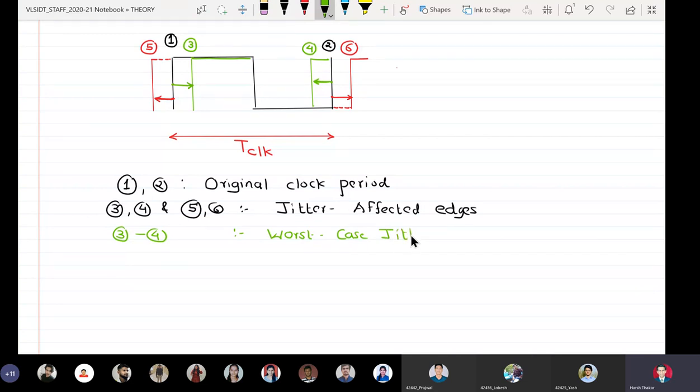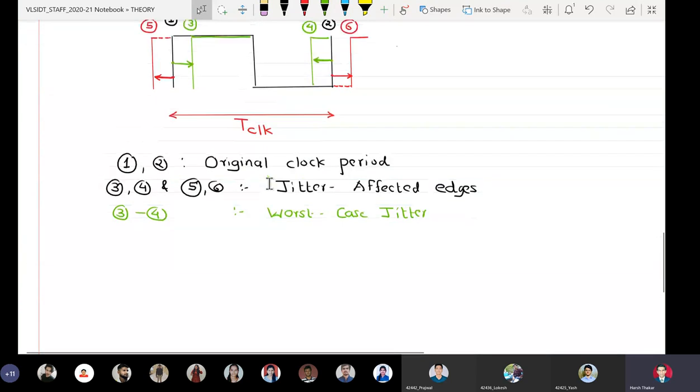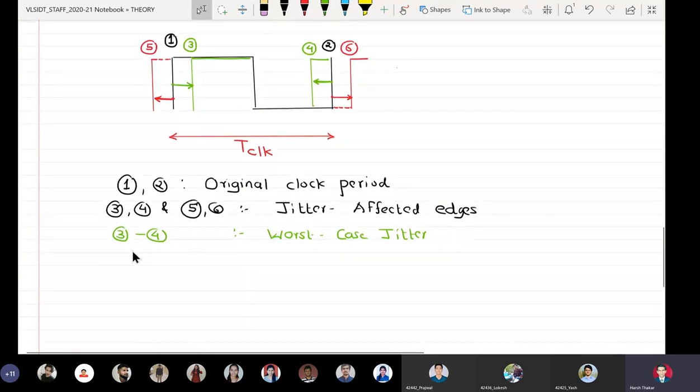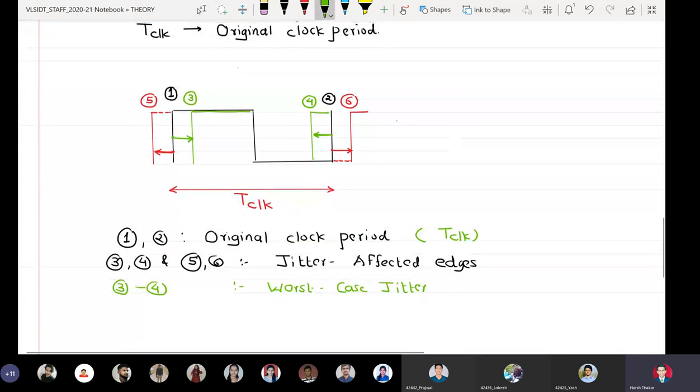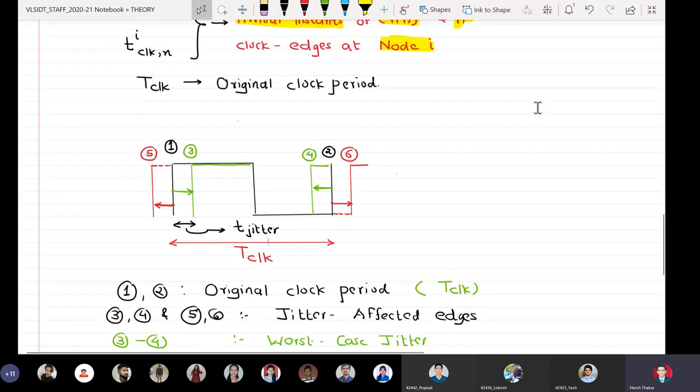Worst case jitter. Okay. Now we will quantify this. We will say that this particular interval is called as T jitter.